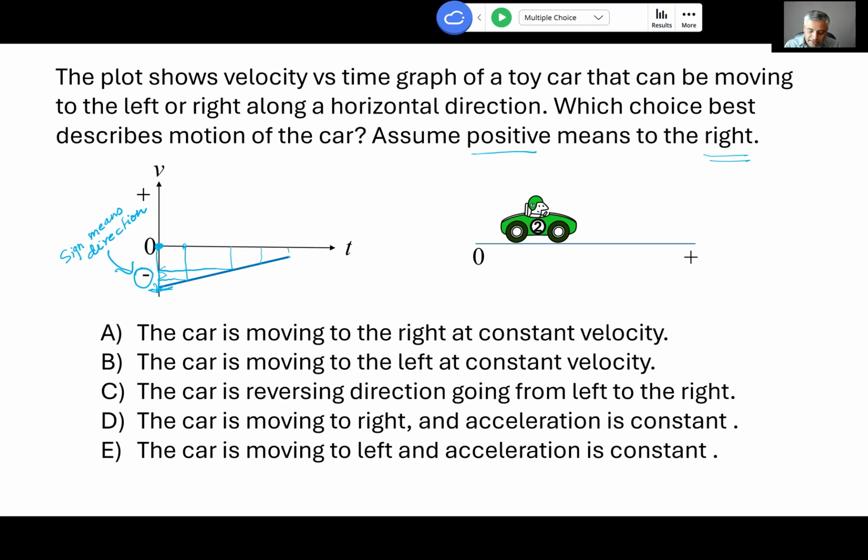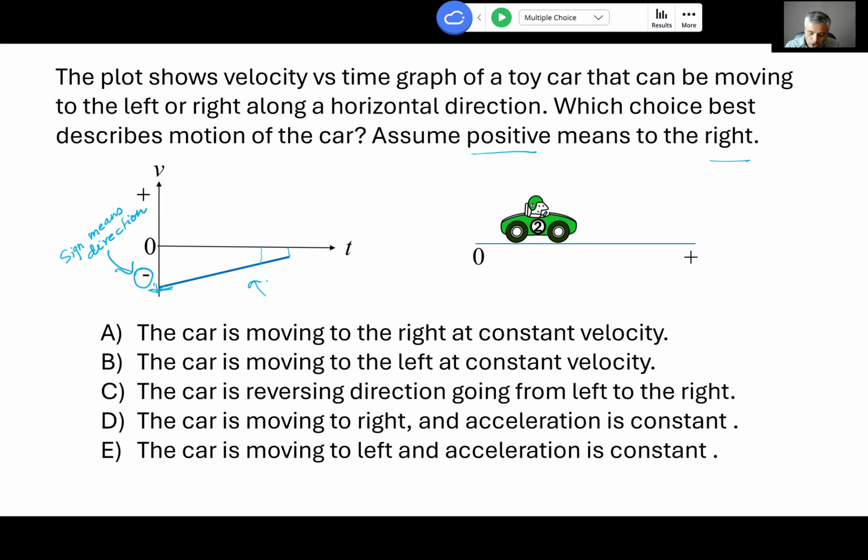So this data does not have a positive number, it's always negative because it's on the negative side. For this to be positive, it has to cross and go on that side. So no positive means this object is not moving to the right, rather moving to the left.